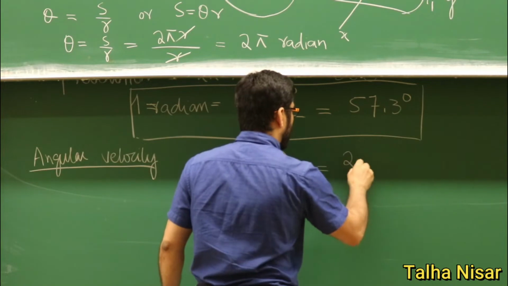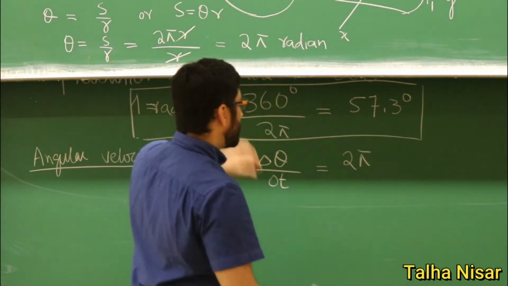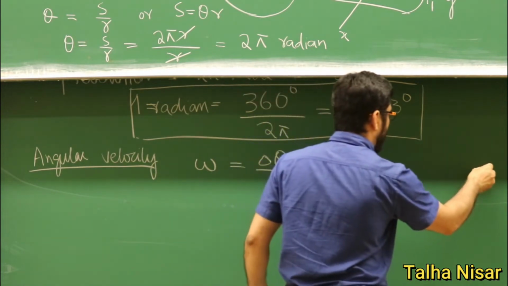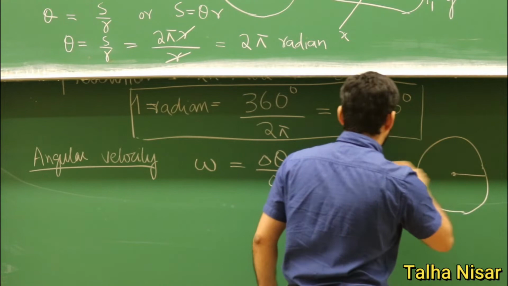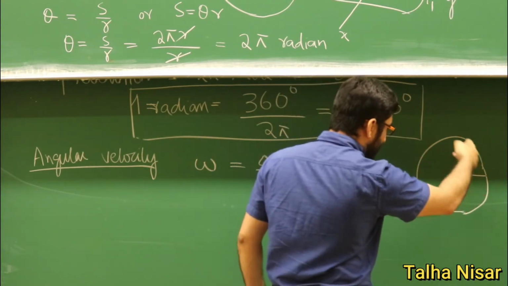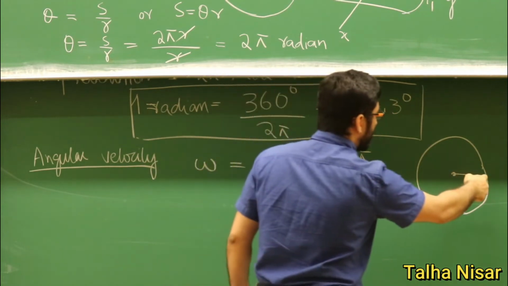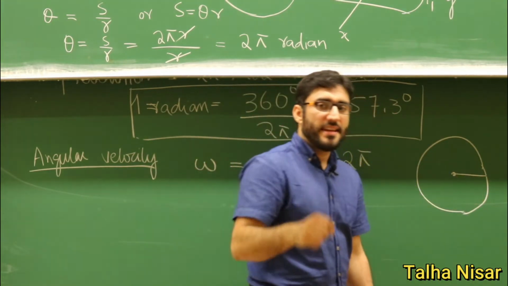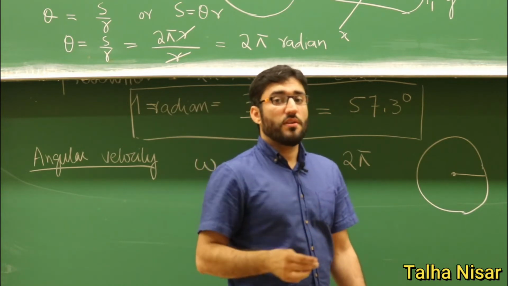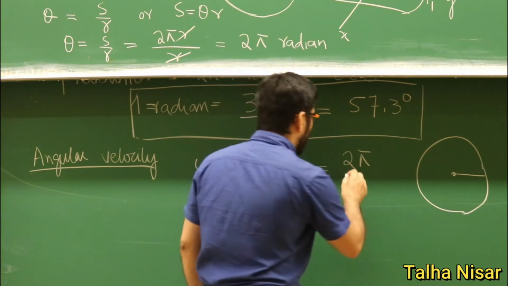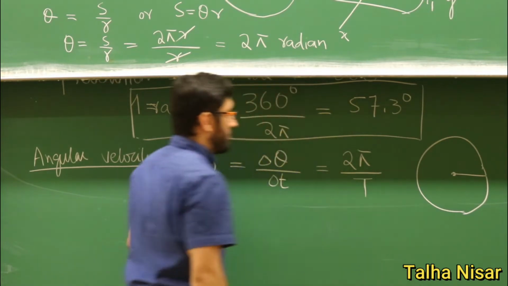We know that the complete circle has, in terms of radians, 2 pi. The time it takes to complete the circle, or one complete rotation, is known as the time period, so we divide by t here.